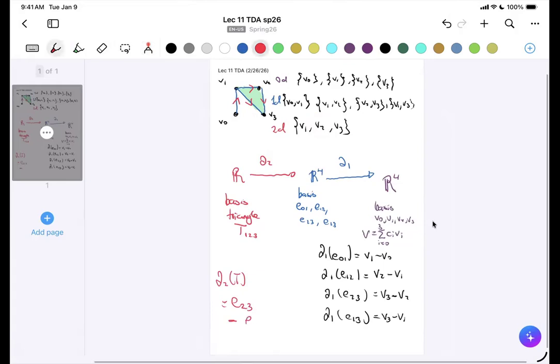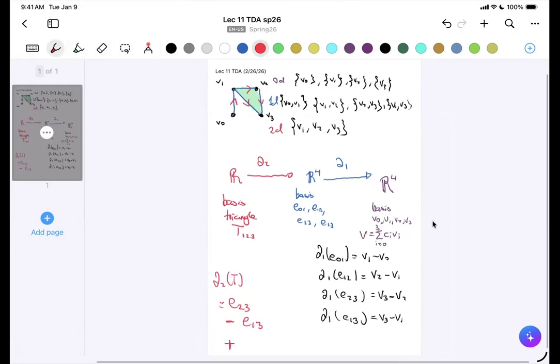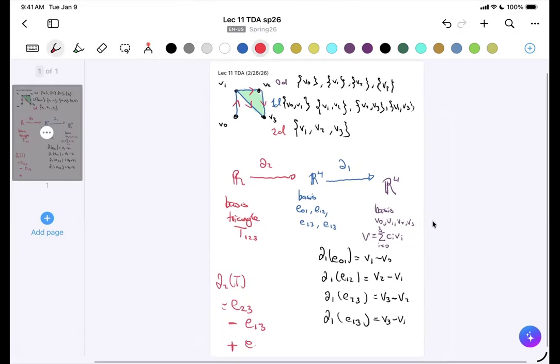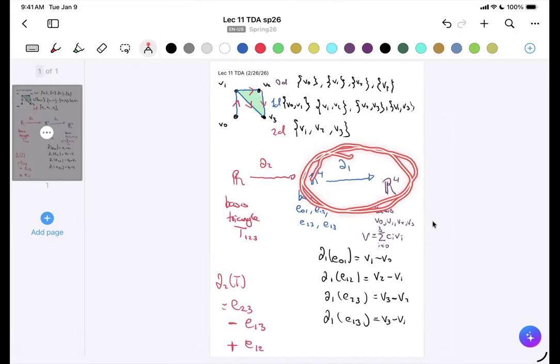So minus the edge 1, 3, plus the edge 1, 2. Okay. And again, I want to focus more today on what happens with the first map, this boundary map one. So I won't write the general formula today, but it always goes like that. It's plus minus. You just delete one vertex at a time, and that more or less defines it in full generality. Okay.